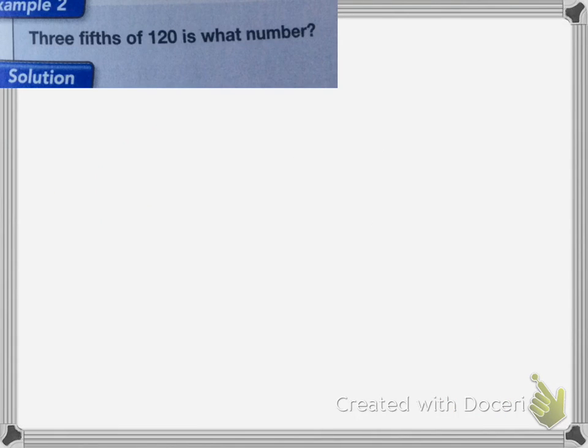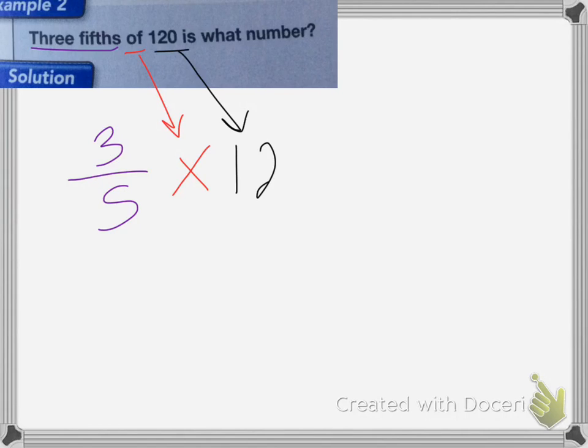Okay, this one, 3/5 of 120 is what number? Again, we need to decode it. So 3/5, we're going to write as 3/5. Of means multiply. 120 stays the same. Is my equal sign. And then what number is my letter?